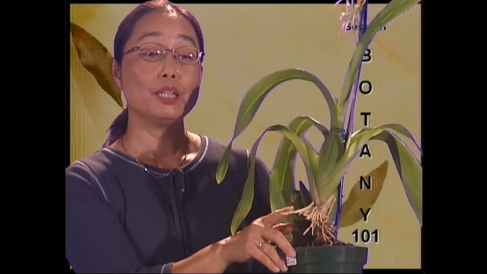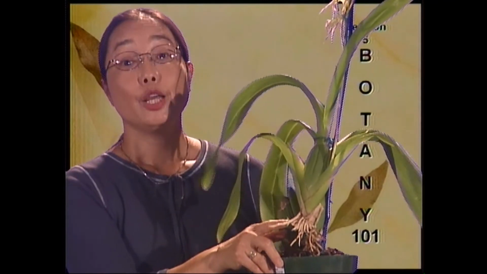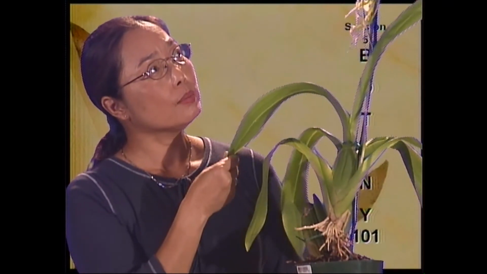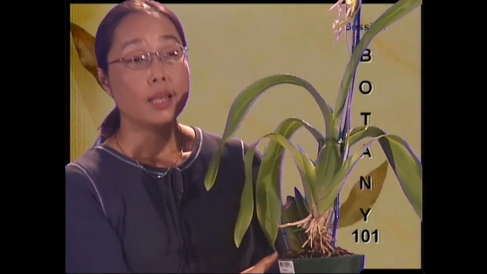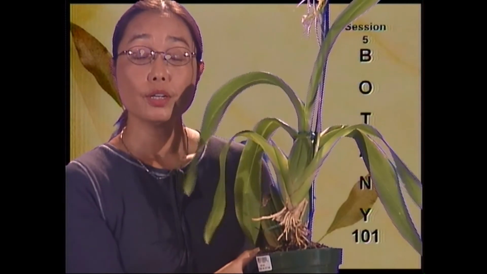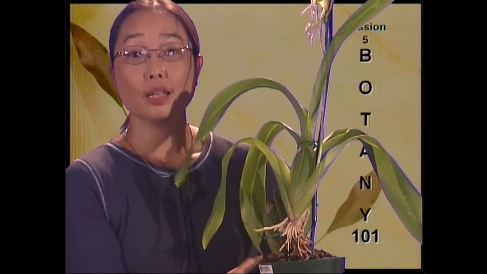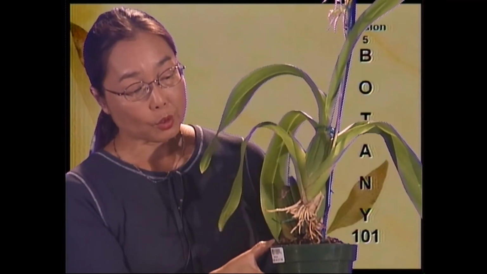So what would be the benefit of being an epiphyte? A benefit of being an epiphyte, or growing on top of a plant, is that in tropical forests, I think this group of orchids is native to the Americas, the competition is actually for light. They're not competing for water, because water is pretty abundant in tropical rainforests.